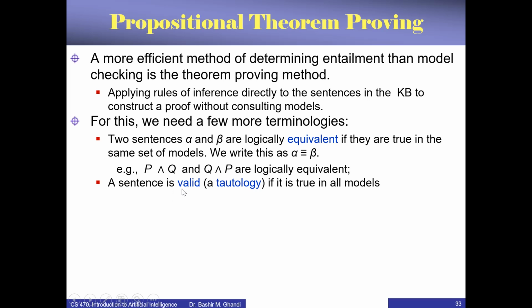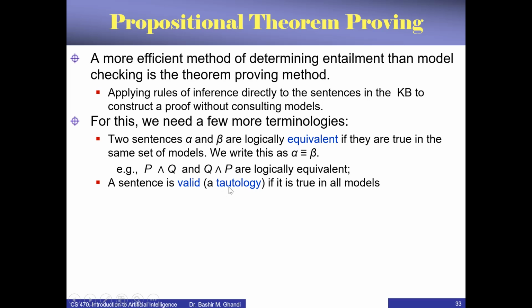Next is, when do we say a sentence is valid? A sentence is valid, sometimes it is called a tautology, if it is true in all models. Any possible model you can think of, that sentence is valid in it.